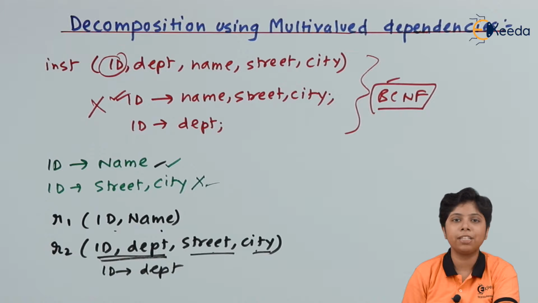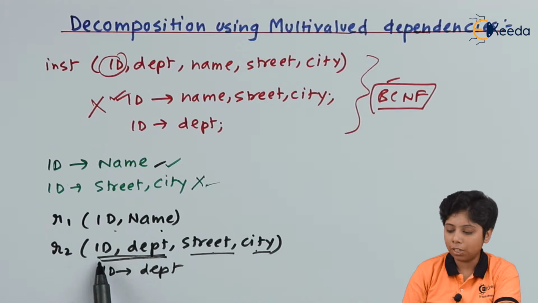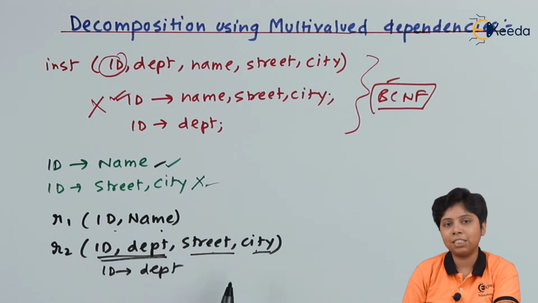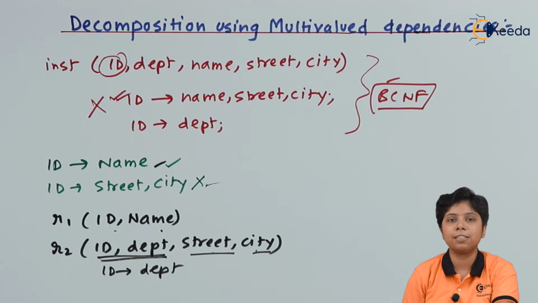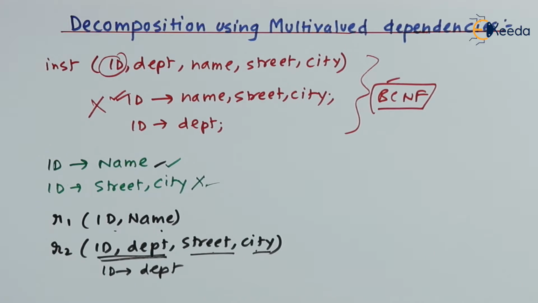So how to deal with this? We have to introduce another kind of dependency that is known as multi-value dependency. When a particular key depends on a multi-valued part, or a multi-valued part depends on the particular key, then we can say that there exists a multi-valued dependency.